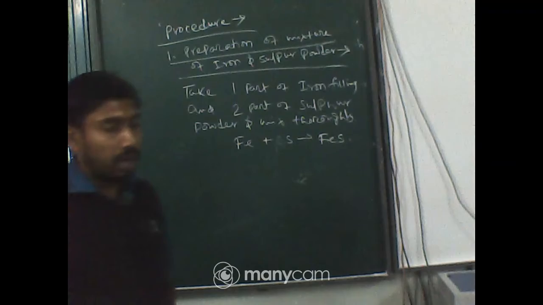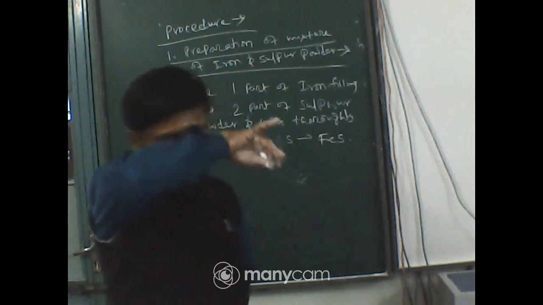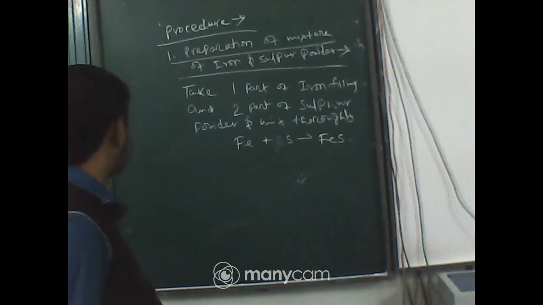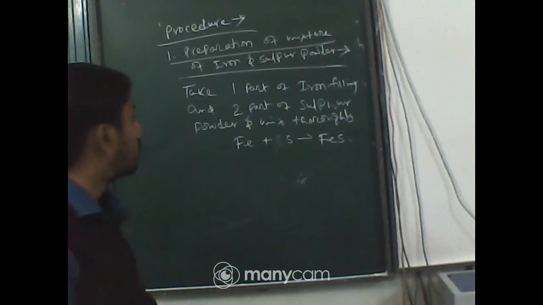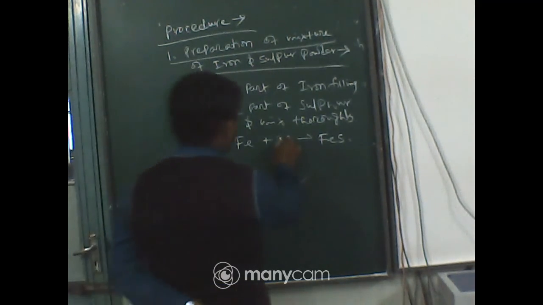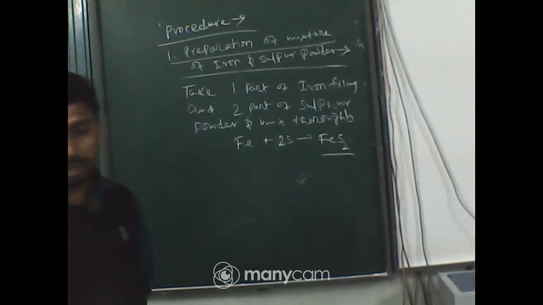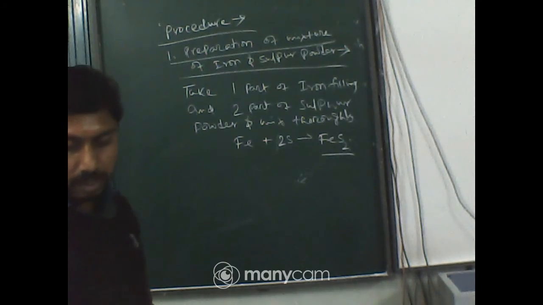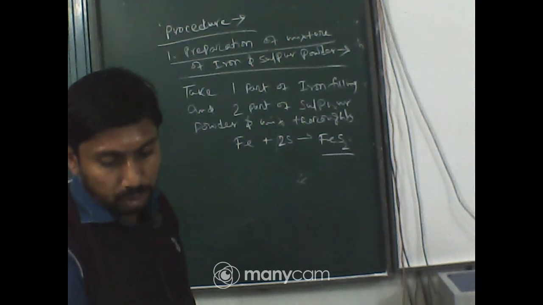According to valency, if the iron valency is 2, then as sulfur is monovalent, it will be FeS2. So, for this 2 parts sulfur is required. It will be discussed later on. So, that is all for today's class. Next day we will continue from here.